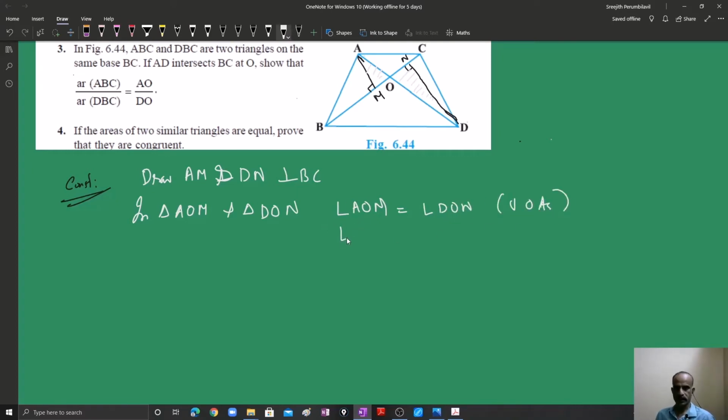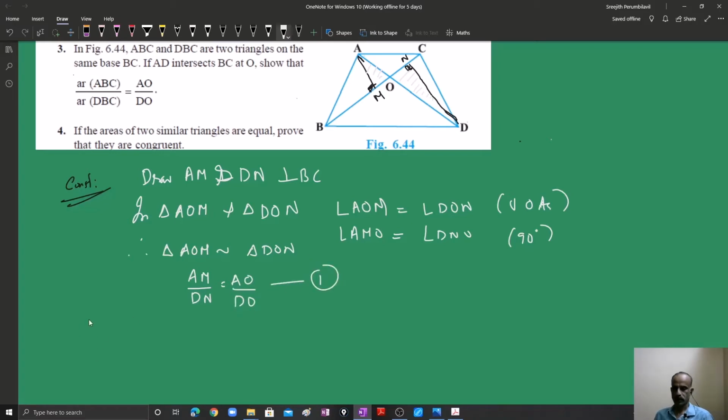And similarly, angle AMO is equal to angle DNO. Which are those angles? Those are these angles, this one as well as this one. Both of them, the reason is 90 degrees. Therefore, we can conclude that triangle AOM is similar to triangle DON. So we can say that AM by DN is same as AO by DO, relation number 1.